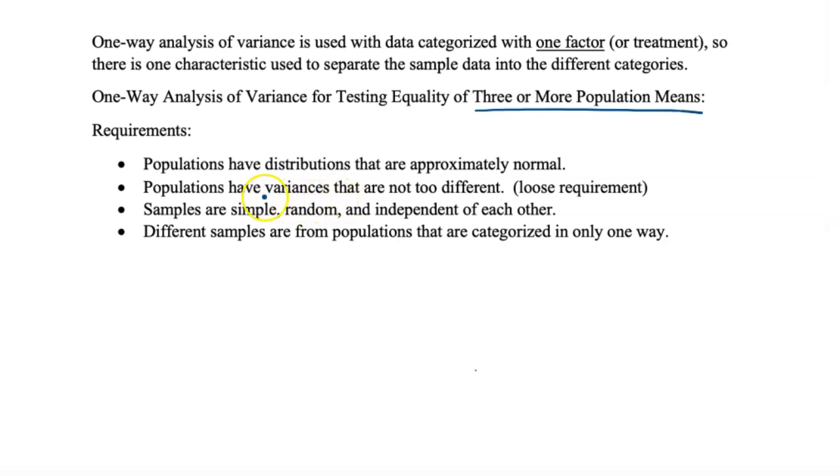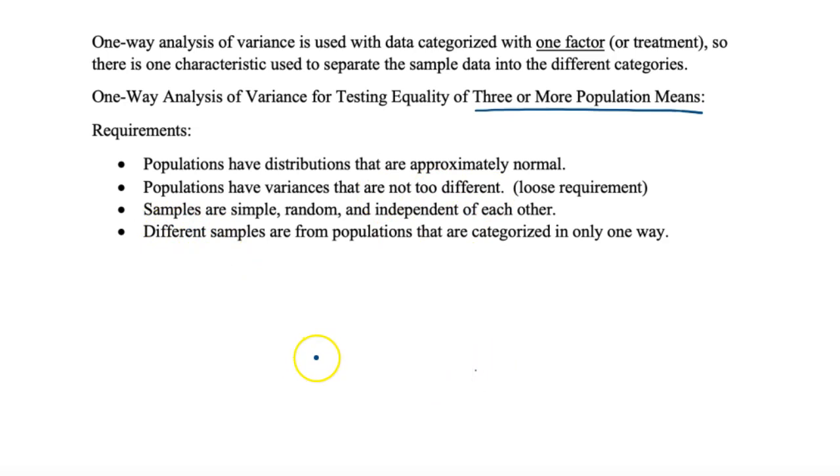So if in one of our treatment categories, we have values that are all very similar, and in another treatment category, we have values that have just gone absolutely haywire, we know that this might not be the best test to use, but there's really no checking that the population variances aren't too different. There's no formal test for that.